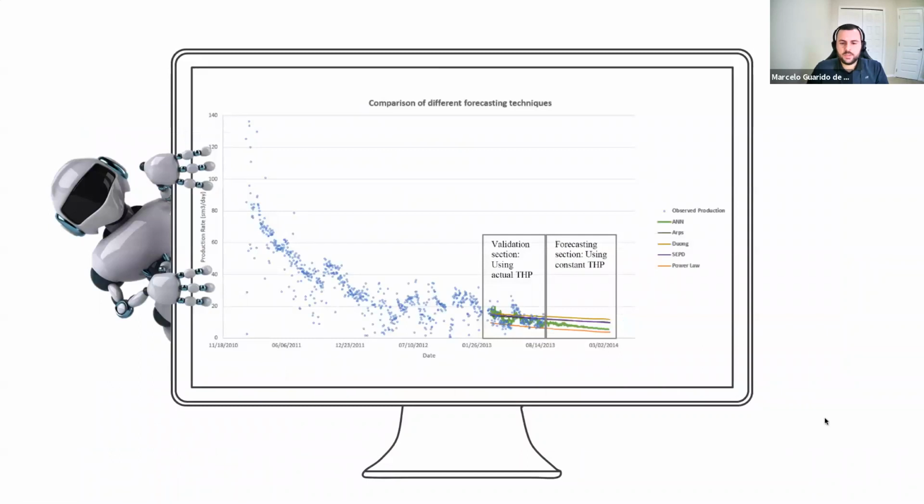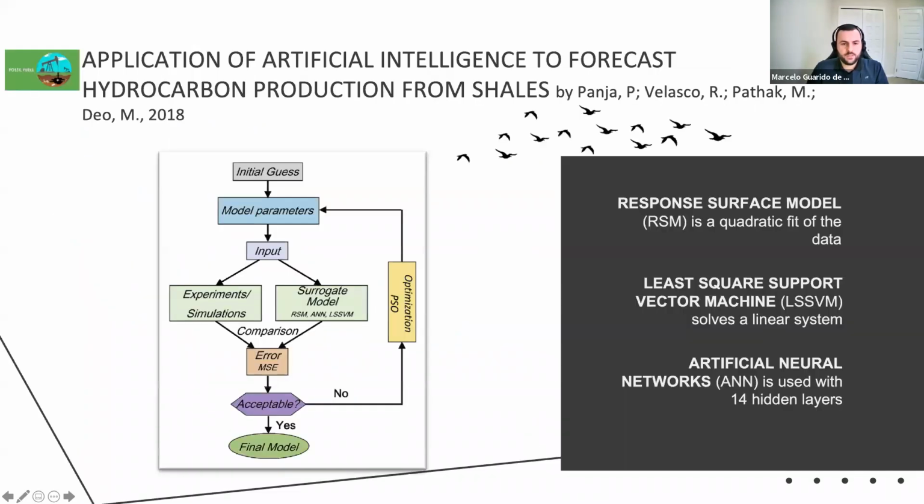And in this one, they are just comparing their forecasting with common software used in the industry, which usually does some linear forecasting. And the green one is the neural network, the one that they are proposing. And I can say that, in my opinion, the neural network is being more robust, and I would trust this prediction more than the ones provided by commonly used software.